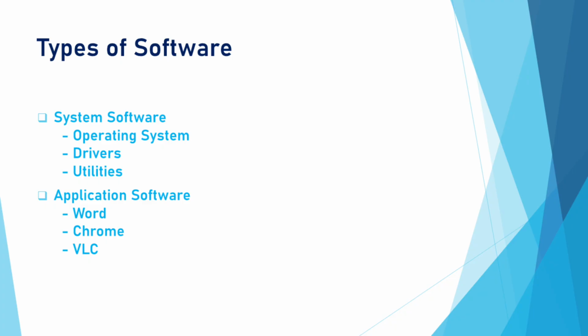Examples include operating systems such as Windows, Linux, Mac OS, and Android. Device drivers are also system software because they help hardware communicate with the operating system. Utility programs such as antivirus software and disk cleanup tools also belong to this category. So the system software acts as a bridge between hardware and the user.